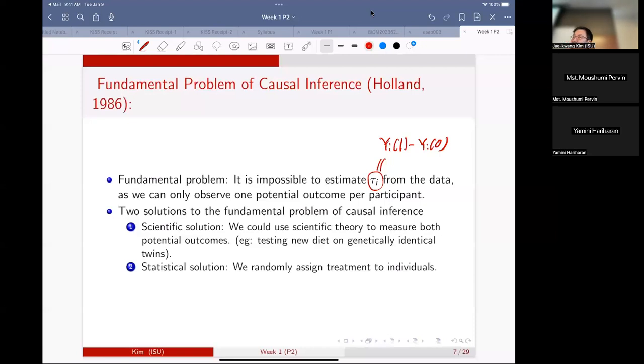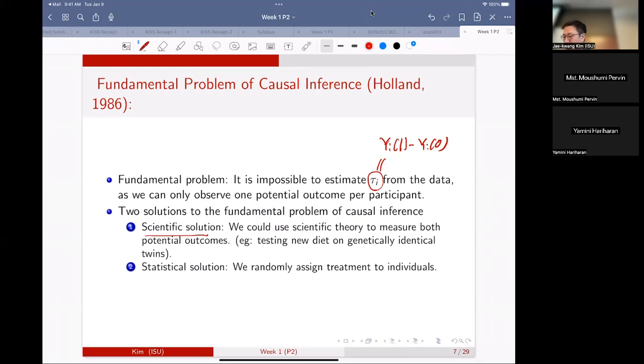So if we have a problem, it's good to try to think about a solution, right? We live on problems. So what would be the solution? Well, there could be two solutions. One can be called a scientific solution. What is the scientific solution? Suppose we can use some gene manipulation or whatever to apply the other treatment to the same unit.